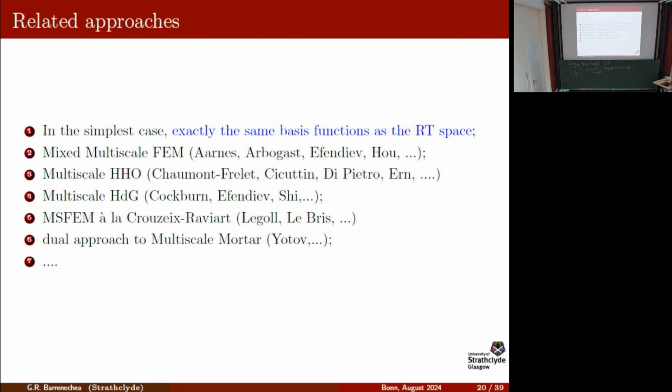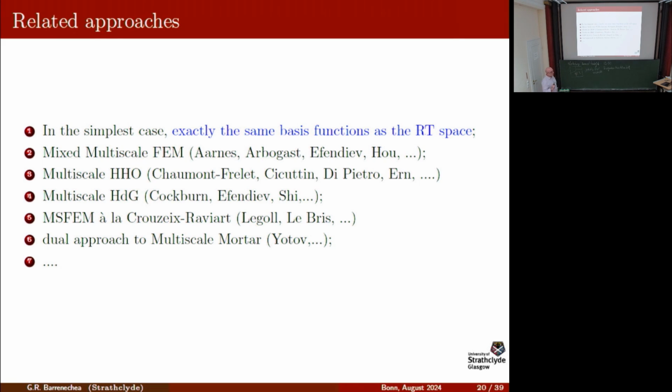So this reduces to a very classical case. At least in terms of the local problems to be solved, this is similar to the mixed multiscale finite element method that is described in Chen's book with Tom Hou. It's actually quite similar.